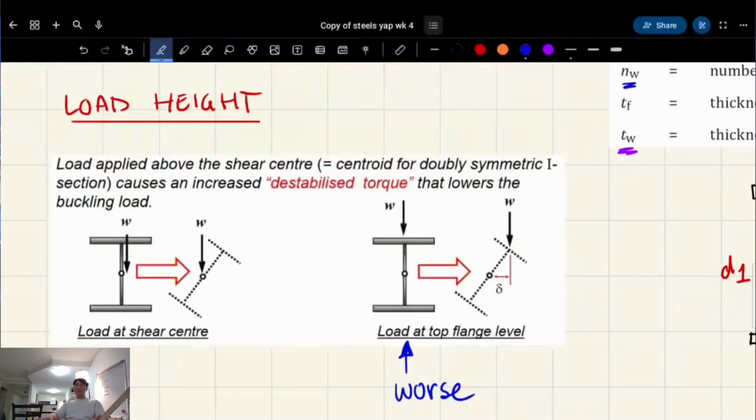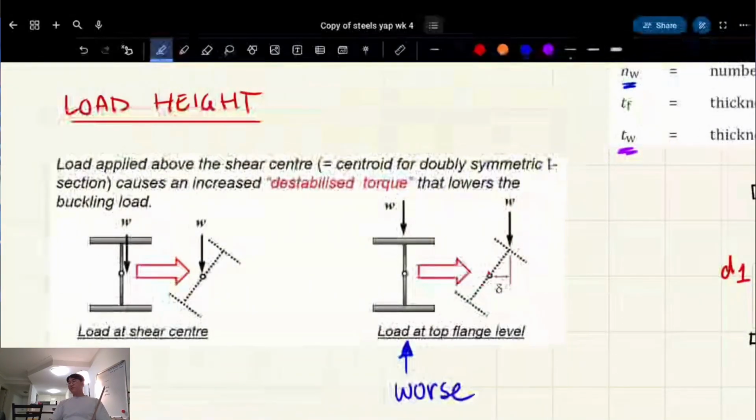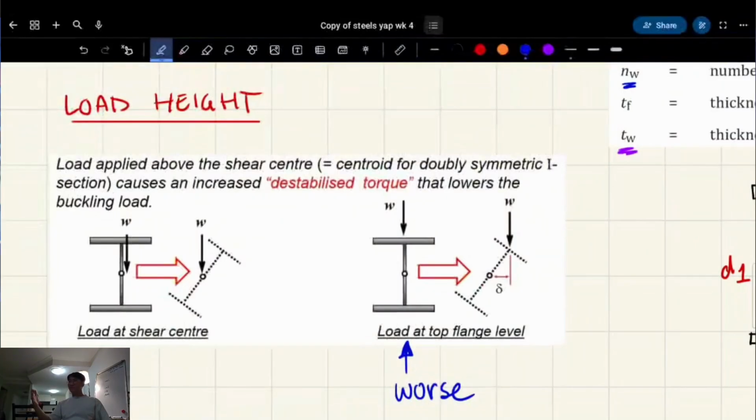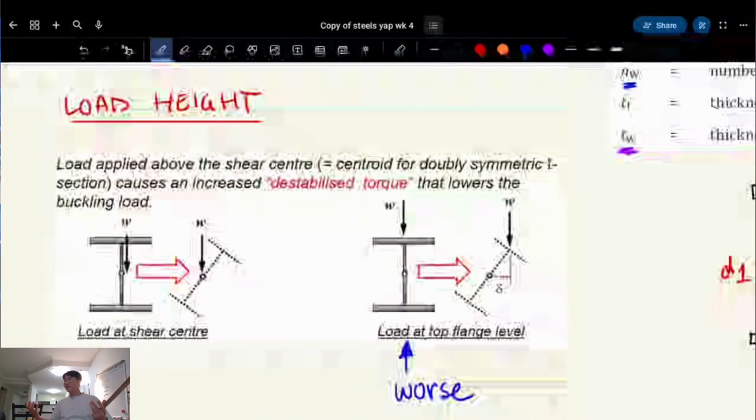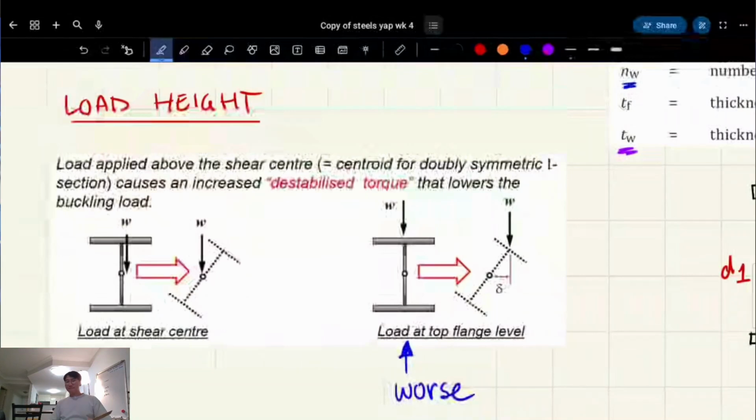So let's think about this in real life. What kind of loads will be applied to the shear center? Sorry, this is just for a beam. Self-weight. The weight of it is going to be loaded from the middle because it's the center of gravity, right? What about dirt? We don't really have a beam in the dirt.